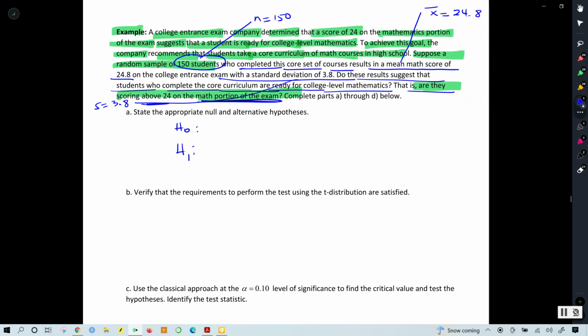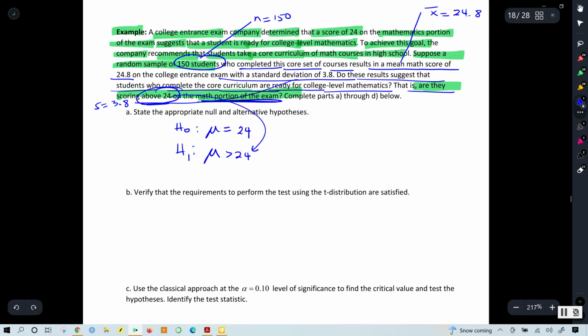We're interested in if the mean is above 24. That is what we want to test. Is it greater than 24 versus the null hypothesis that it is set at 24? So with that said, we can proceed.